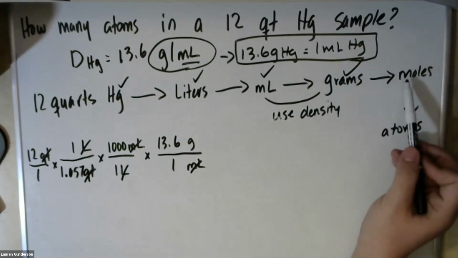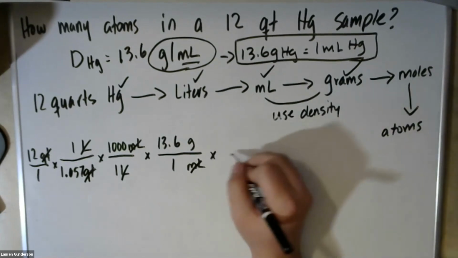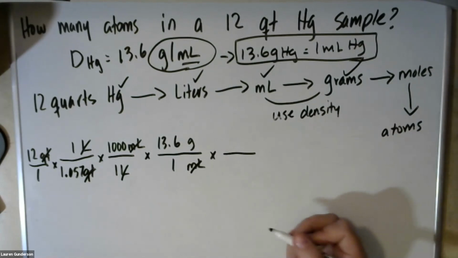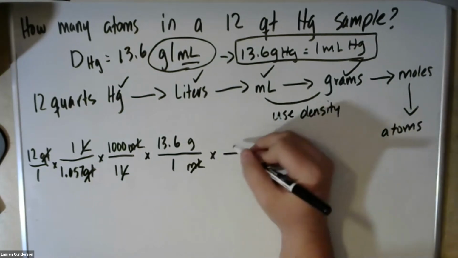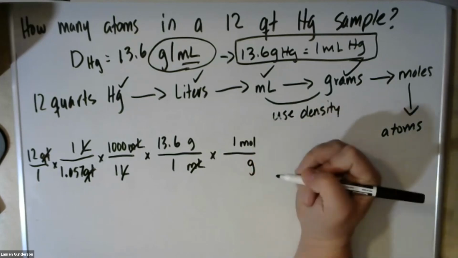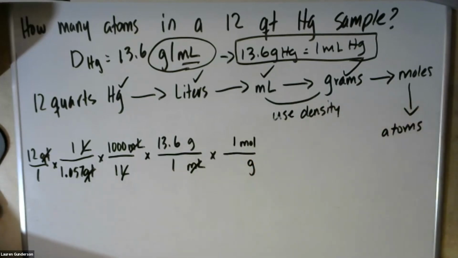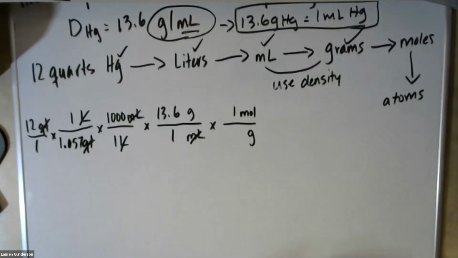Now we're going to convert grams into moles by looking up the molar mass of mercury on the periodic table. Okay, my unit of grams will go on the bottom, and then 1 mole will go up top. When I look up mercury on the periodic table, I'm going to write the molar mass of it. I'm going to note it down here for us.